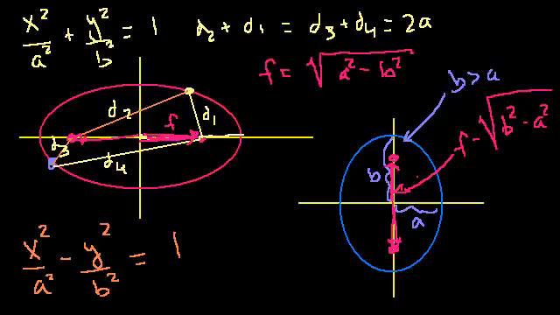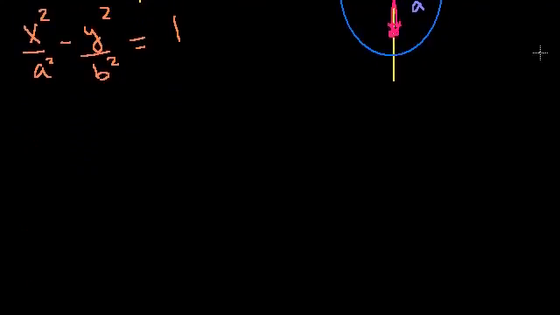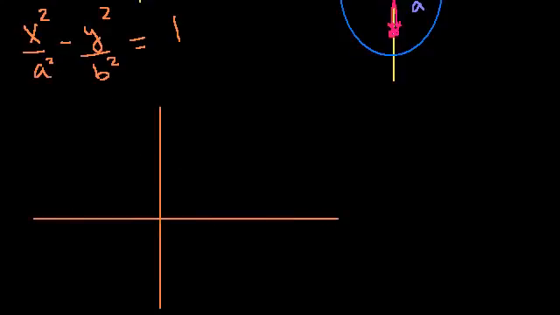But this hyperbola looks something like this. Let me see if I can draw it. Let's draw the axes. And then I want to draw the asymptotes. You could prove it by looking at some of the previous videos, but the asymptotes for this hyperbola are going to be y equals plus or minus b over a times x.